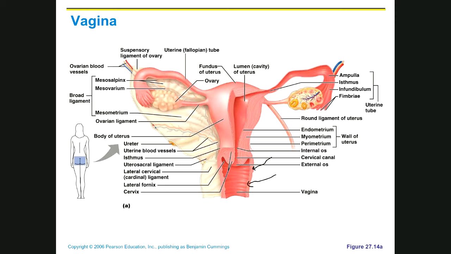Well, in an unexcited female, the vagina is only about 4 to 5 inches long. And the inside of it folds up like an accordion, like this. So on the inside, it's all folded up. And these folds are called rugae.